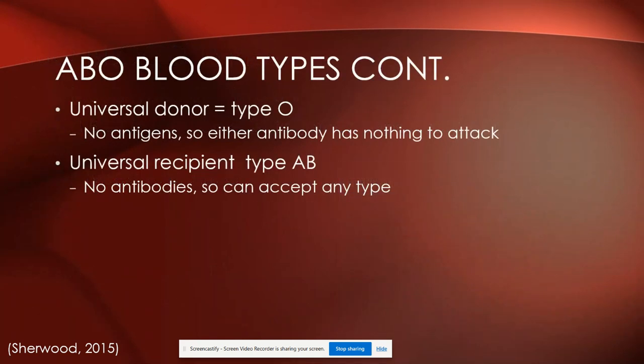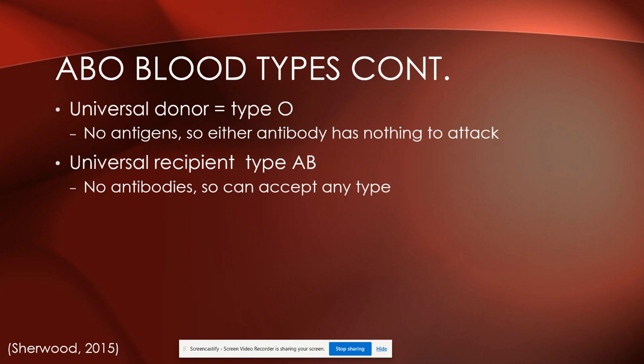There we go. So this is just a little continuation that I could not fit all on that slide. So type O is known as the universal donor because they have neither antigen. They are not attacked by either antibody. So type O can be given to anybody.